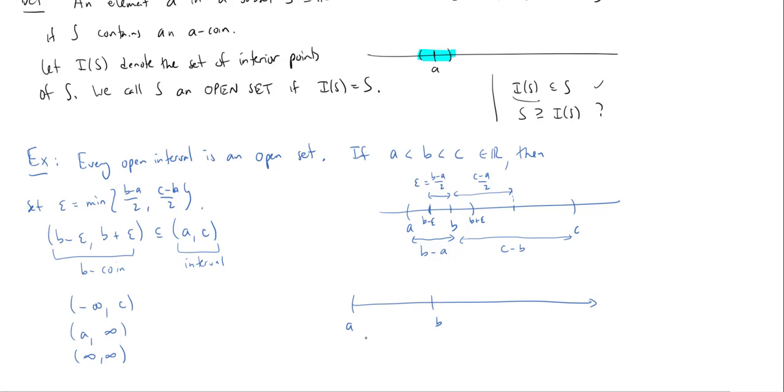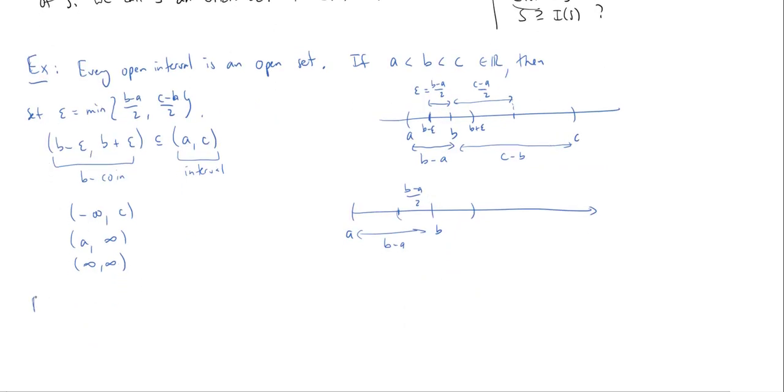That's just going to be infinite. So I would just, in this case, take B minus A, but I would cut that in half, and look at B minus A over 2. I'd use that as the size of my B coin. And if it's negative infinity to infinity, well, then I can just take any B coin I like, and that's going to certainly lie on the real number line. So every open interval, even ones that go off to infinity, are going to be open sets.